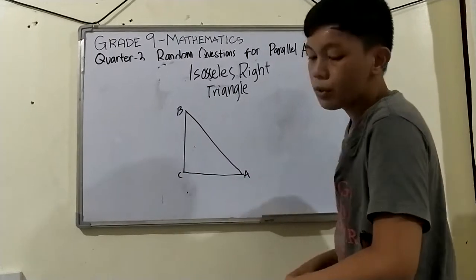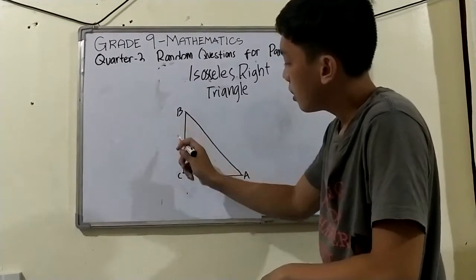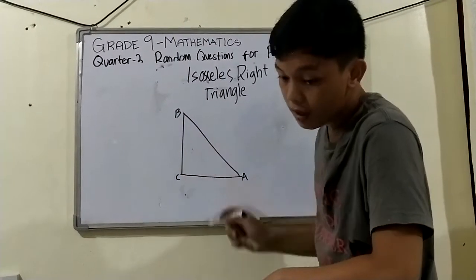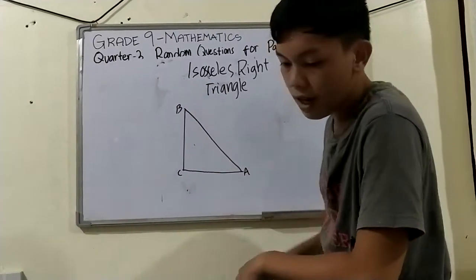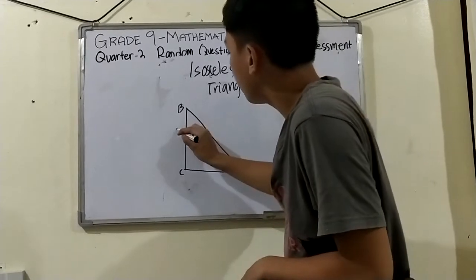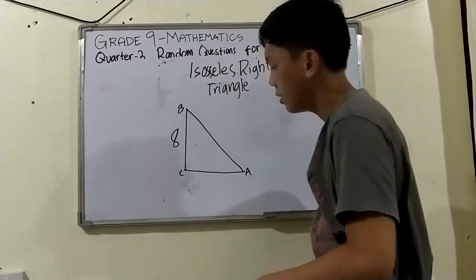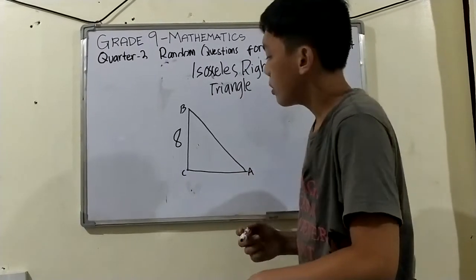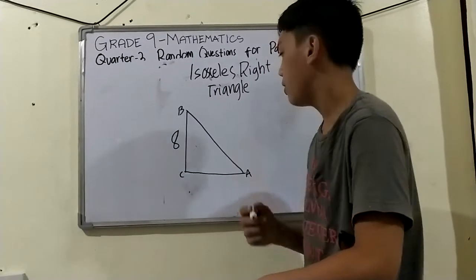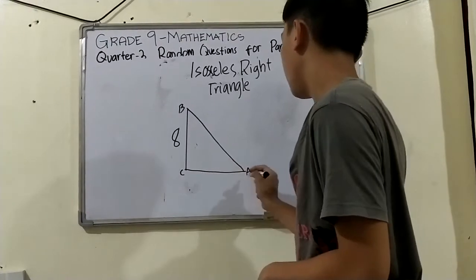So in our first problem, it is given that BC, or this side, is equal to 8. So in the first problem, we are asked to find the AC, so this leg side.